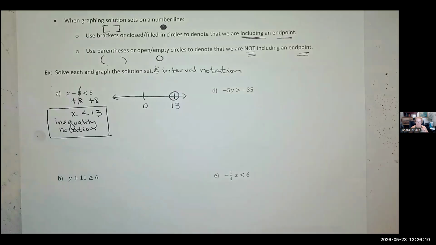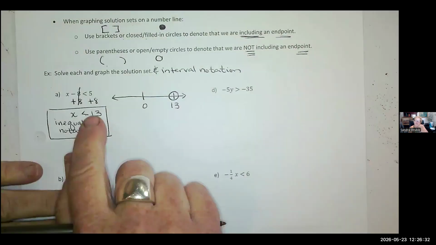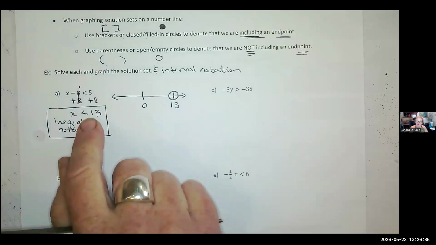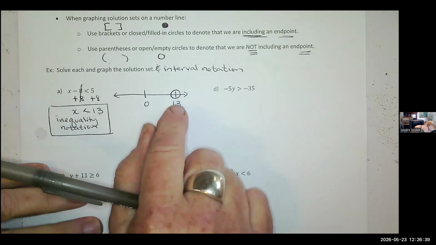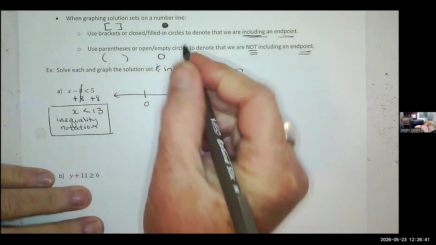Always make sure your variable, in this case x, is on the left side of the inequality notation. So we've got x is less than 13. If you keep your variable on the left, your inequality is pointing in the direction it needs to go. So x is less than 13, which means your arrow is going to the left.